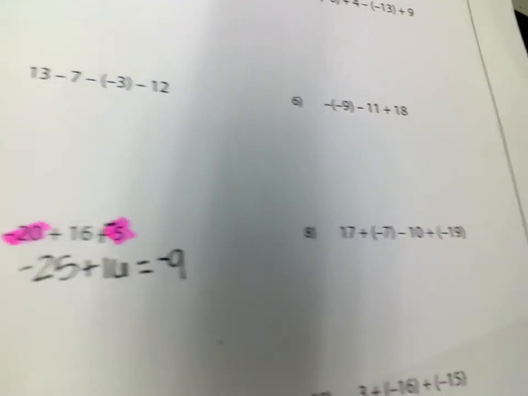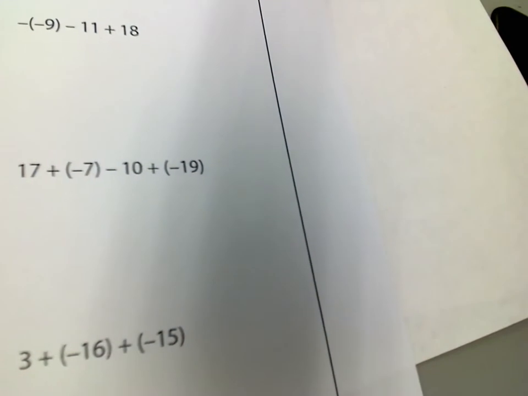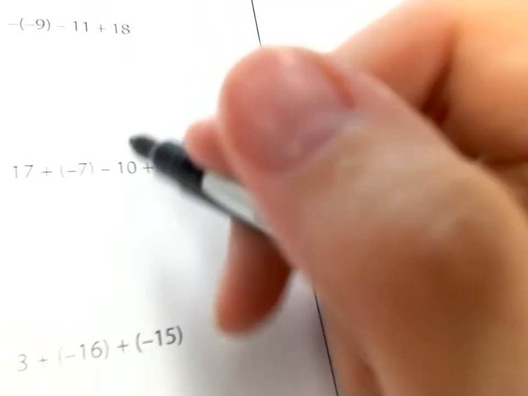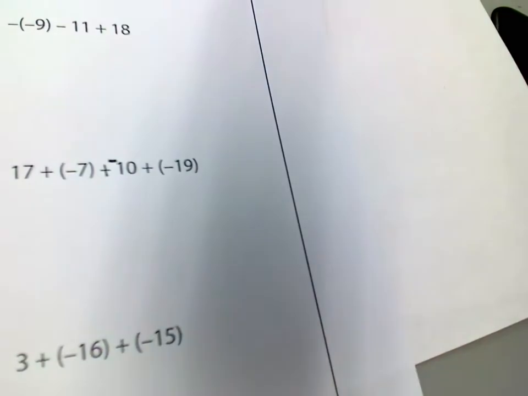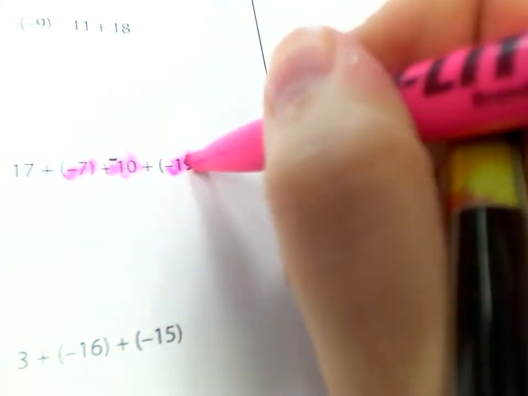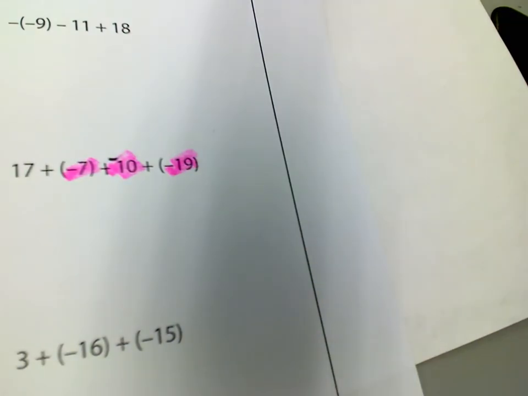Okay, I'm going to move over to this next one, 17 plus -7 minus 10 plus a -19. Okay, I can go ahead and say minus 10 is plus a negative. So if I look at all my negatives, I have -7, -10, and -19, right? So positives, I just have 17.